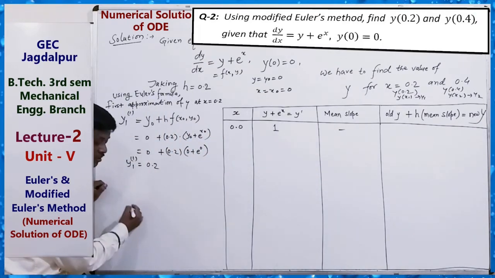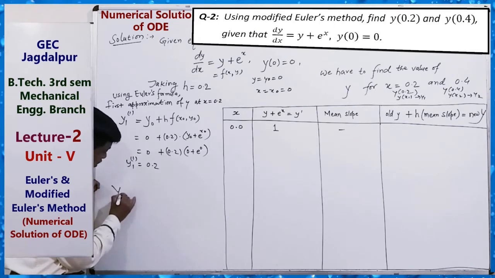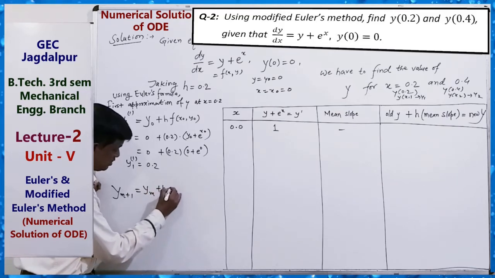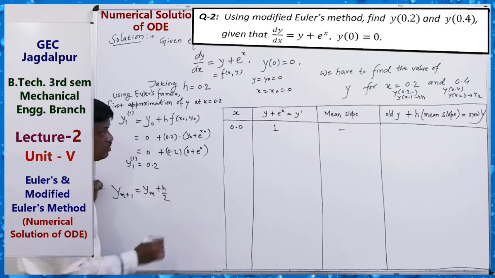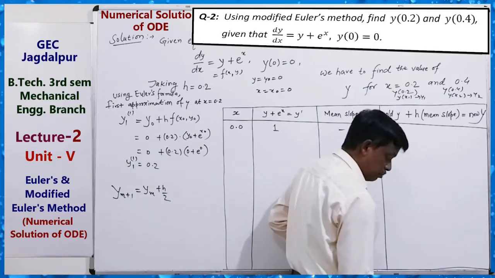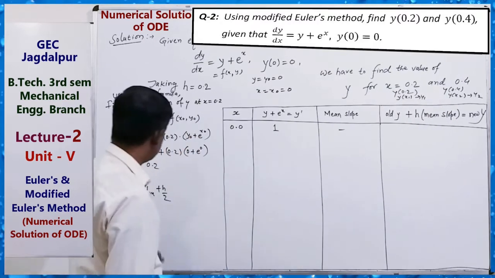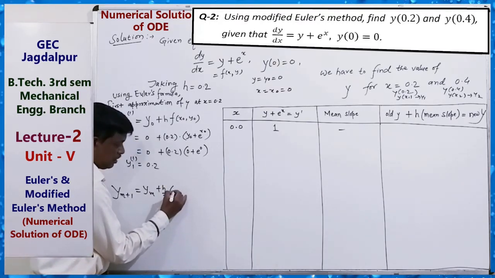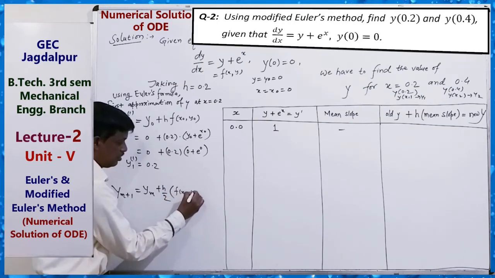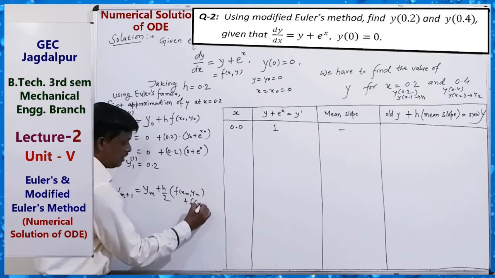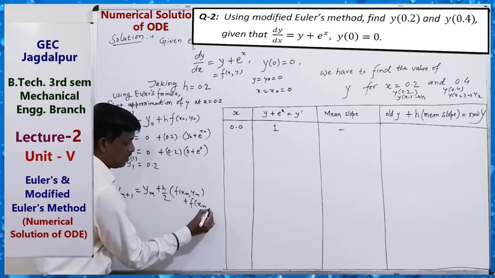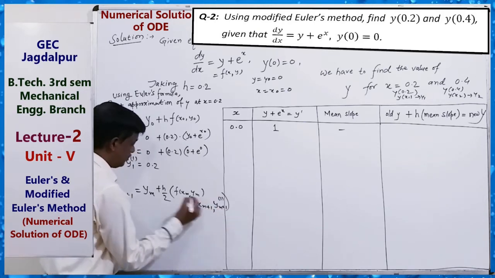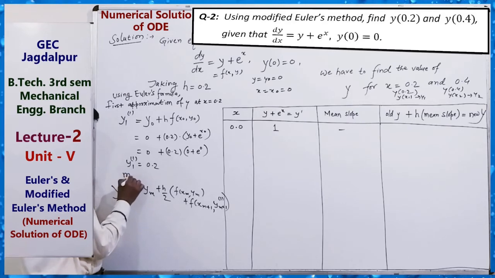What is the formula? y(m+1) equals y(m) plus h by 2, so sorry, h by 2 here, times the mean slope. H by 2 means the half of the slopes: f(x_m, y_m) plus f(x_(m+1), y_(m+1)). This is our modified Euler's formula.